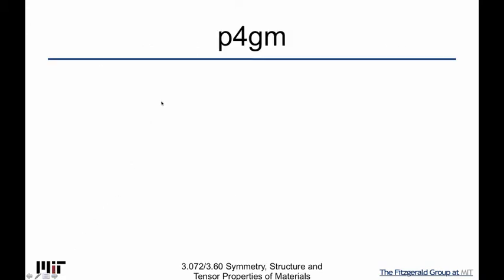So let's draw that. P4 is compatible with a square lattice, so hopefully this is a square lattice. And you recall P4 had, of course, fourfold axes at the lattice sites.